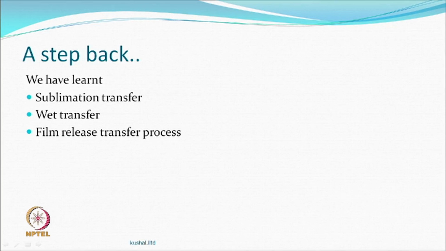For transfer printing, we have seen that sublimation transfer printing is the most successful method. The wet transfer and film release transfer are also possibilities, but not necessarily commercially very successful processes.